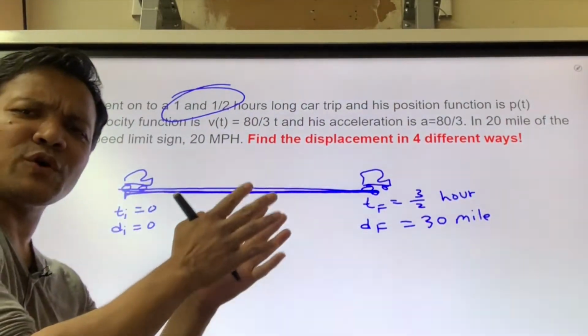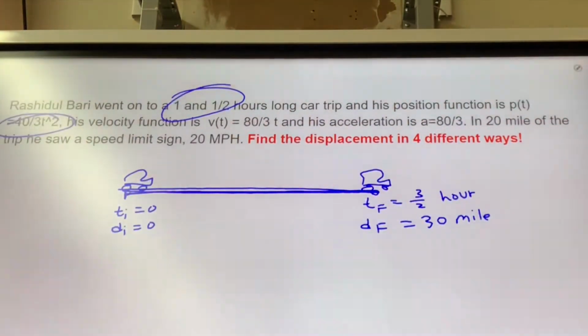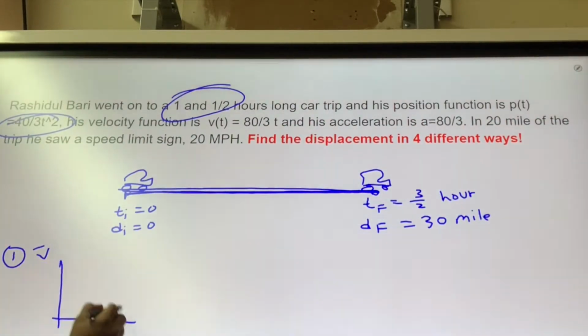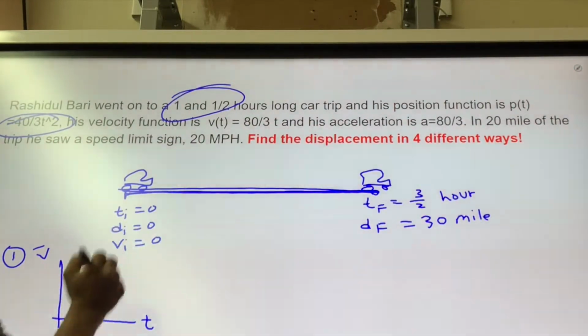Now I'm going to show you 3 different ways to calculate the displacement. The first way is by the area under the VT graph, the velocity versus time graph. What is the initial velocity? The initial velocity is 0.